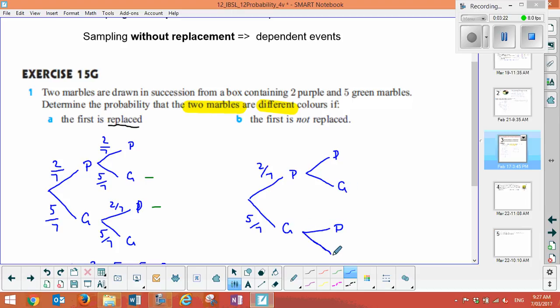So now 1 purple's already gone, so that means we only have 1 purple left, and we now only have 6 marbles left because the first one isn't replaced. No greens have been taken at this point, so we now have 5 out of 6, and we see again that these add up to 1. Each little branch is going to add up to 1.